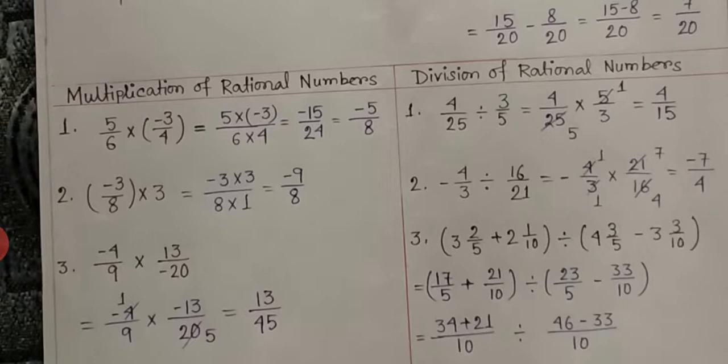So, the final answer is minus 5 by 8. Now coming to second example, minus 3 by 8 into 3. 3 means 3 by 1.